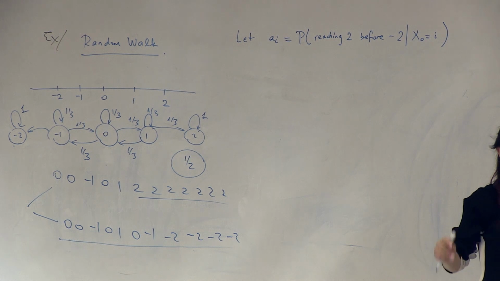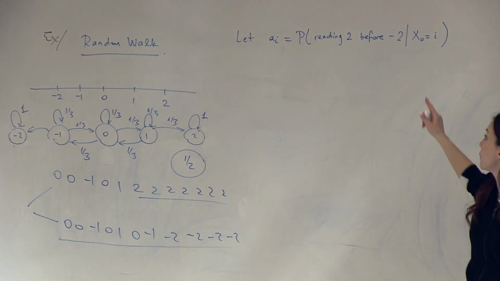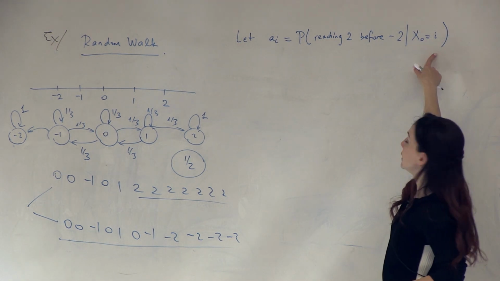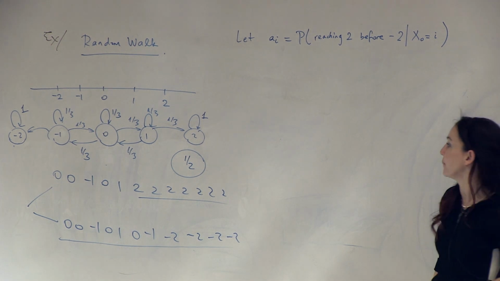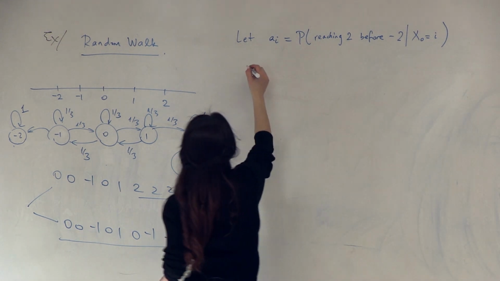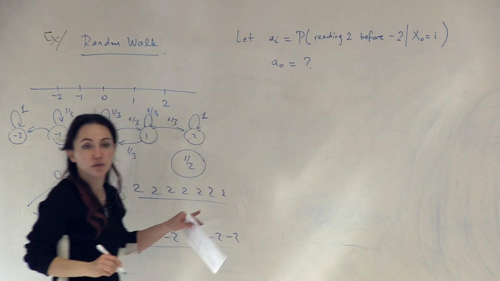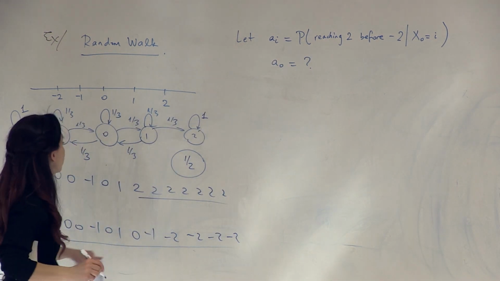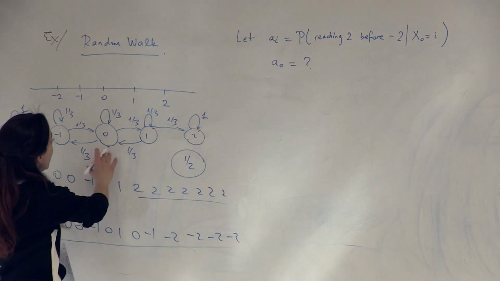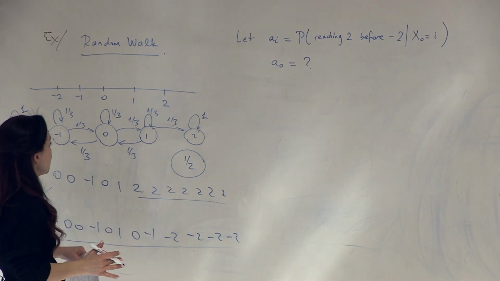I define a_i as the probability of reaching 2 before -2, given that I start in state i. Now, I'm trying to compute a_0 in the question, and I found that a_0 is a half. But then I can find a_0 in terms of other things.